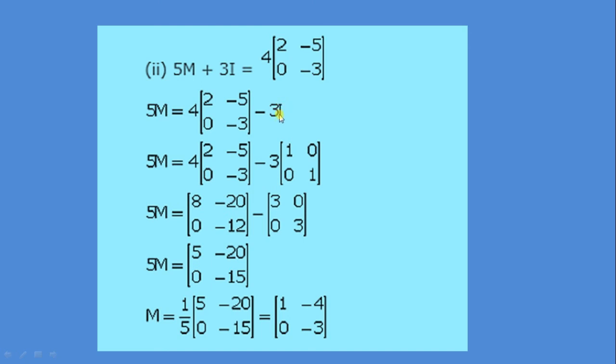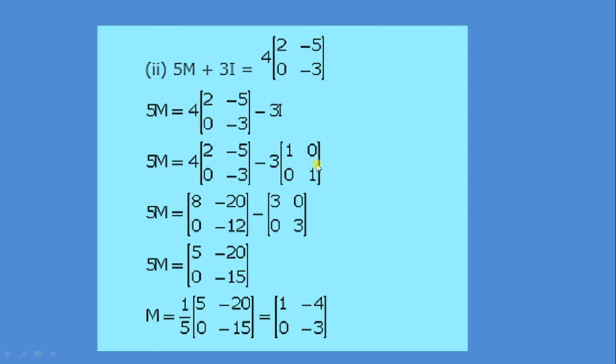I is a unit matrix of order 2 by 2. So write down I as 1, 0, 0, 1. You can find this is the principal diagonal where all the elements are 1. Then we can call this matrix a unit matrix. So a unit matrix is a diagonal square matrix where the principal diagonal elements are 1.